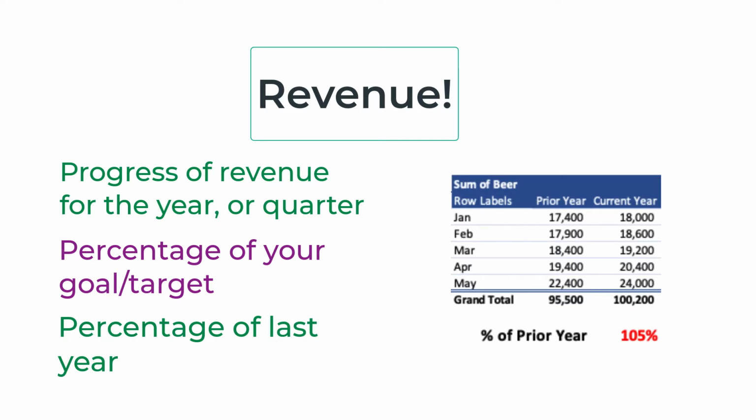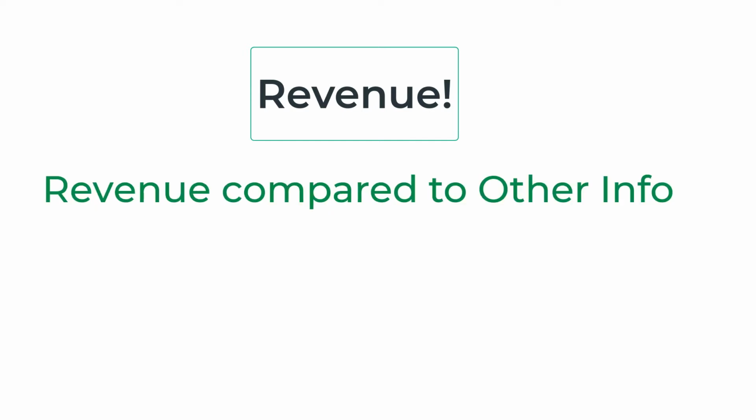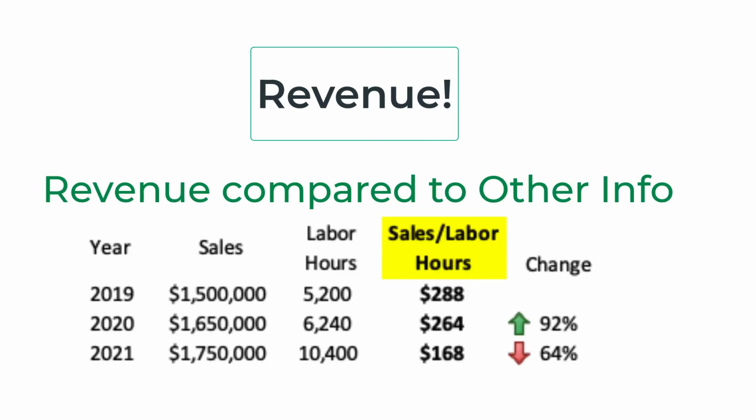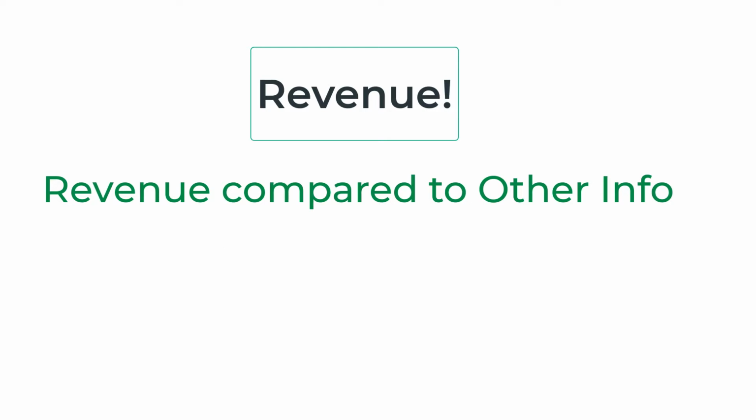If last year was a pretty good solid year and you're doing 105% of last year, great, you're on the right track. You can also have revenue compared to other information, such as revenue per labor hour, or revenue per head count, or revenue per some other measure.